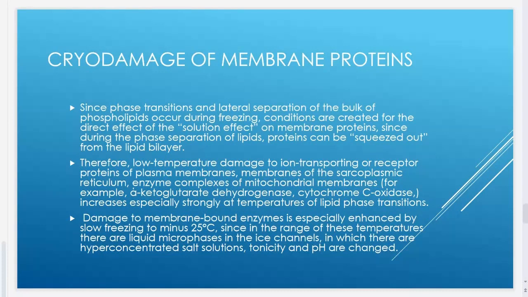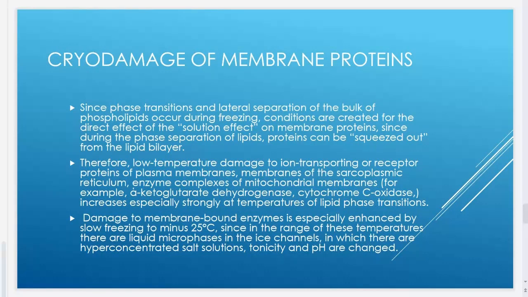Therefore, at low temperature, the main ion-transporting or receptor proteins of the plasma membranes and the cytoplasmic reticulum, and enzyme complexes of mitochondrial membranes, for example alpha-ketoglutarate dehydrogenase, are damaged especially strongly at temperatures of lipid phase transitions.